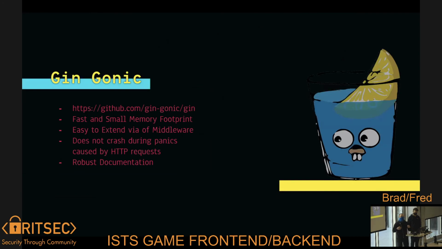Before that, also in server.go, there was Gin, or Gin Gonic. I don't know how to say the last part. But it's basically a web server in Go, besides the default net/http server, and it's really nice.